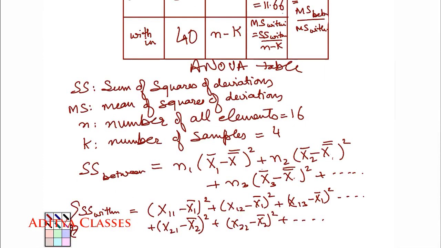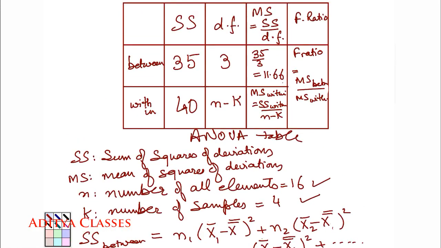This is n minus k. N was 16, k was 4. So how much will this become? This will become 12. So what about MS within? It will become SS within upon n minus k. 40 upon 12, giving me a value of 3.33.